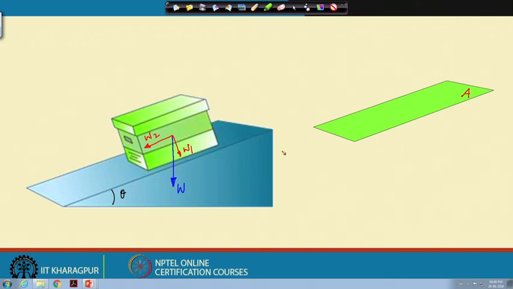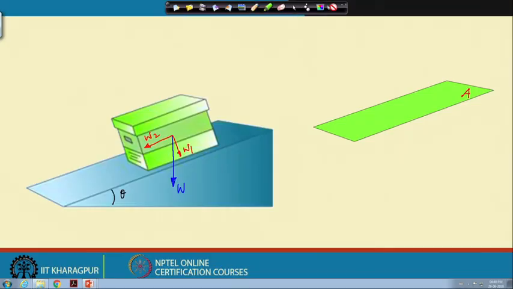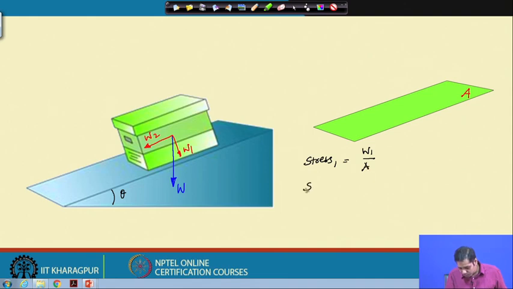So, if I stick to the definition that stress is force by area, then we have two stresses: stress 1 is equal to W1 by A, and stress 2 is equal to W2 by A. Please note, I am not yet writing any symbol or notation for stress; we will formally introduce the notations in subsequent classes.